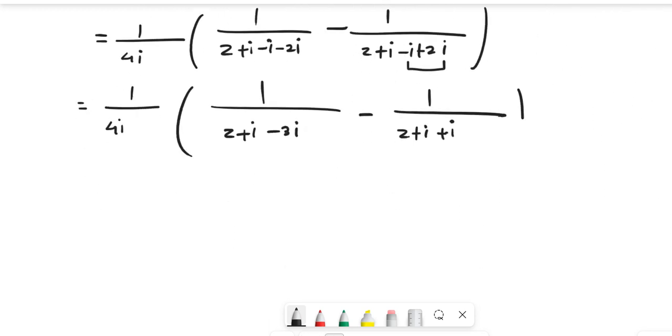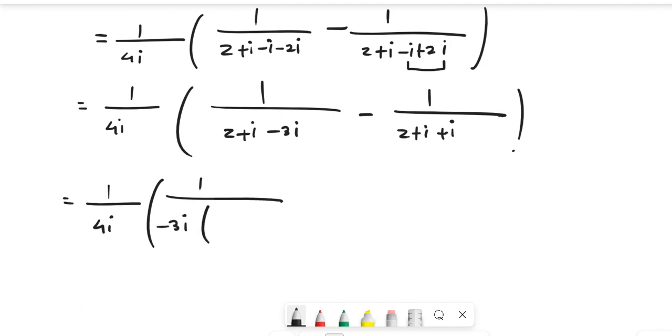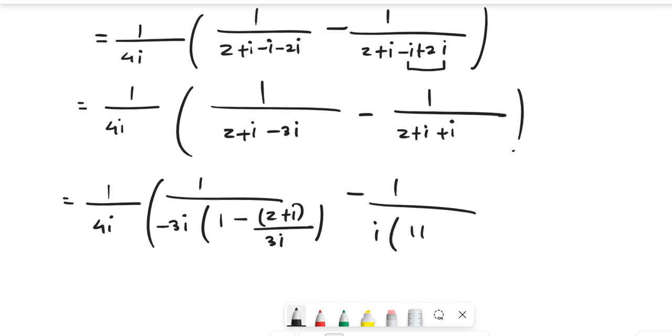So now we will express this in the standard form, that is 1 upon 4i. Take negative 3i as a common factor, 1 minus z plus i over 3i, and take i as a common factor, we will get 1 plus z plus i over i.